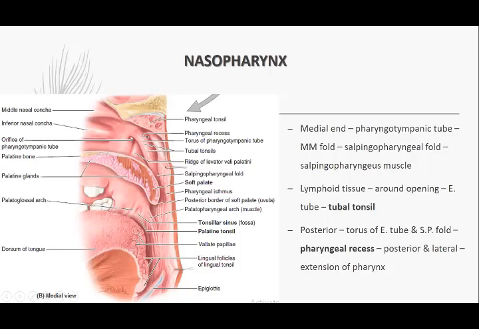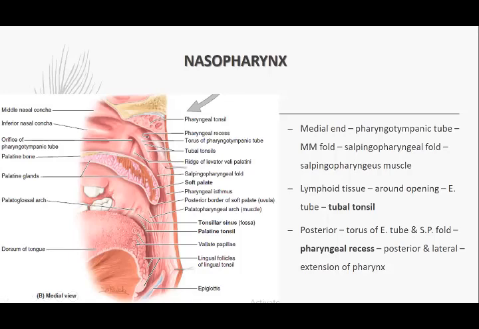on the medial side of the eustachian tube is this fold of mucous membrane. This is called salpingopharyngeal fold. This is a fold of mucous membrane extending down from the aggregation of lymphoid follicle. Deep to this mucous membrane fold, you have a muscle which is called salpingopharyngeus muscle.